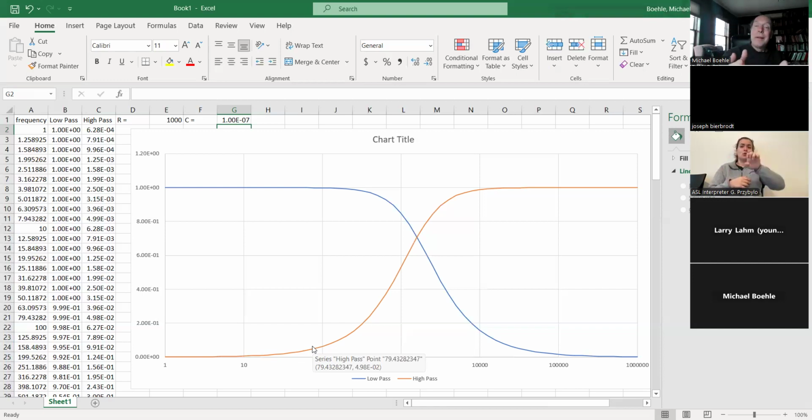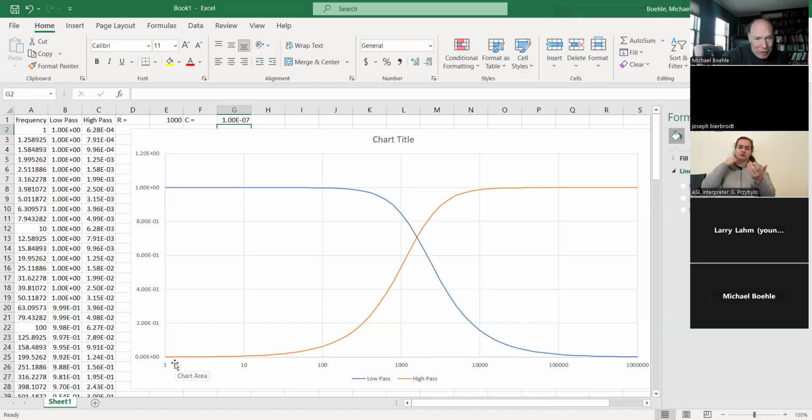Now, that's half of it. The next step, and this is part of what we were doing last week when we were talking about using log gain or log decibel gain, is that my output scale here is still linear.